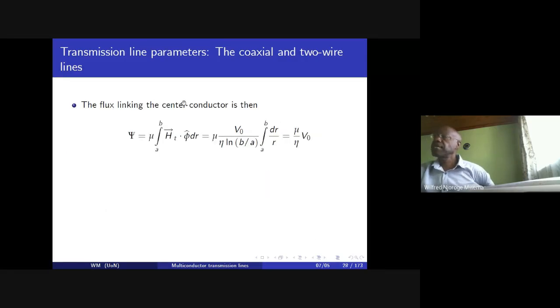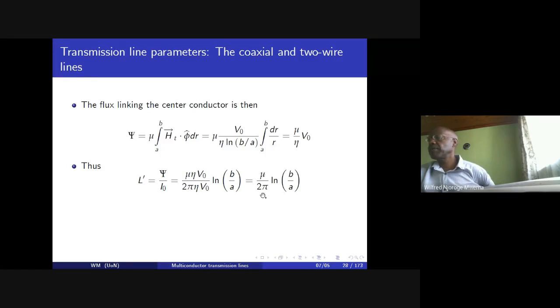So the flux linking the center conductor is given by psi equal to mu integral from A to B, integrating that circumferential magnetic field intensity, and we get a value of mu by eta multiplied by V naught. And thus the inductance, which is usually defined as the total magnetic flux linkage divided by the total current, is given by that value.